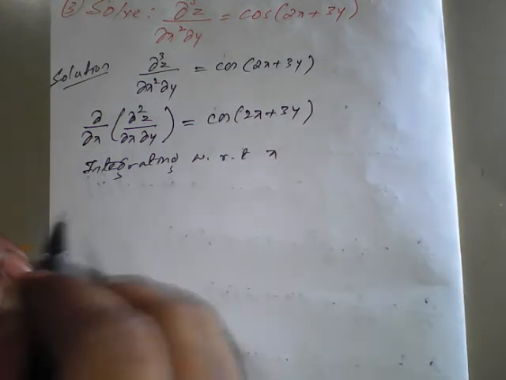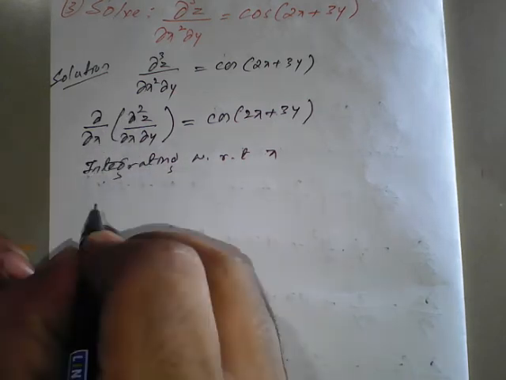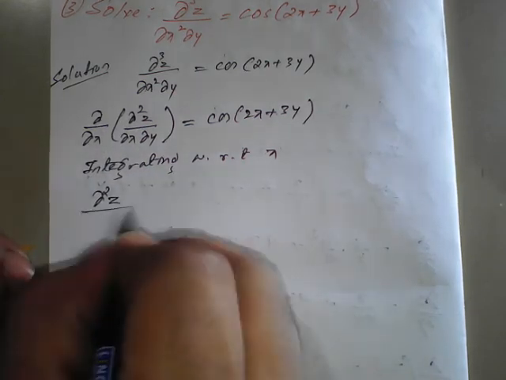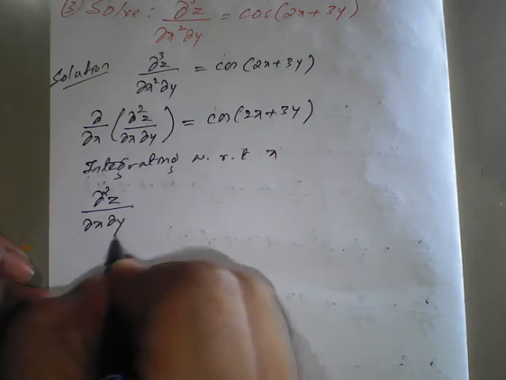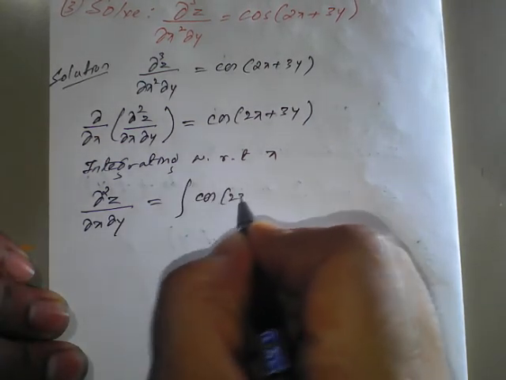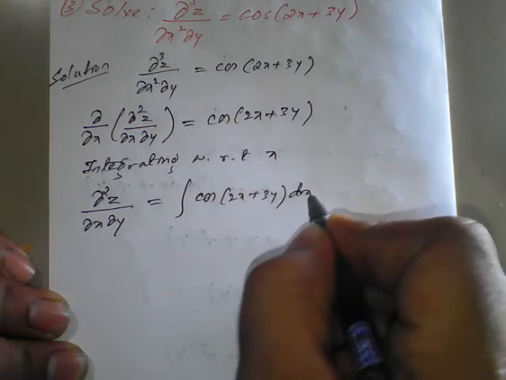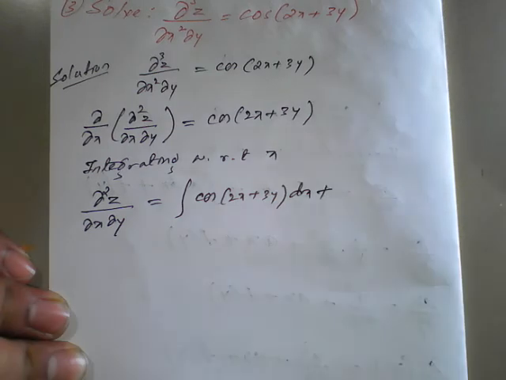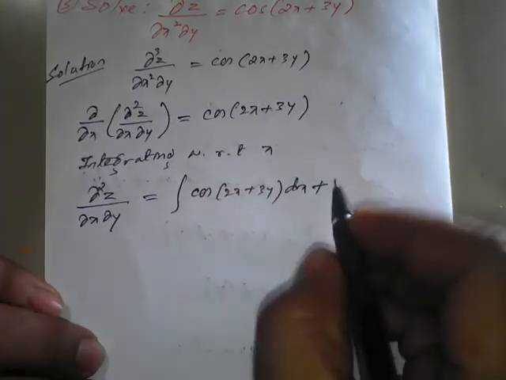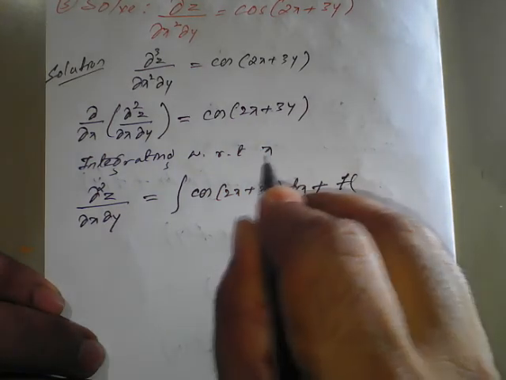Integrating with respect to x, the ∂/∂x will vanish. What is left is ∂²z/∂x∂y equal to the integration of cos(2x + 3y) with respect to x, that is dx, plus an integrating constant f of the opposite variable.